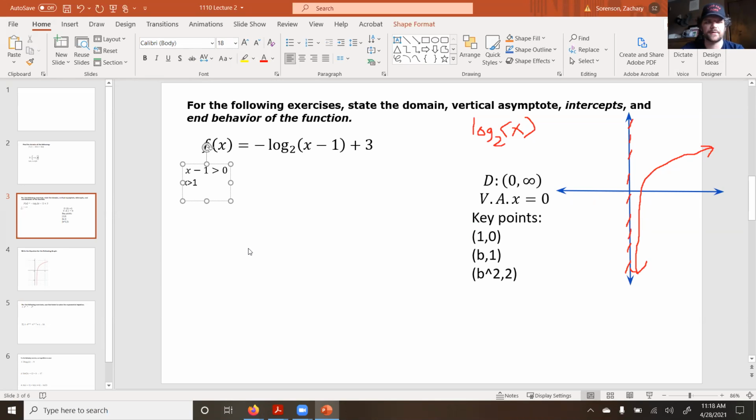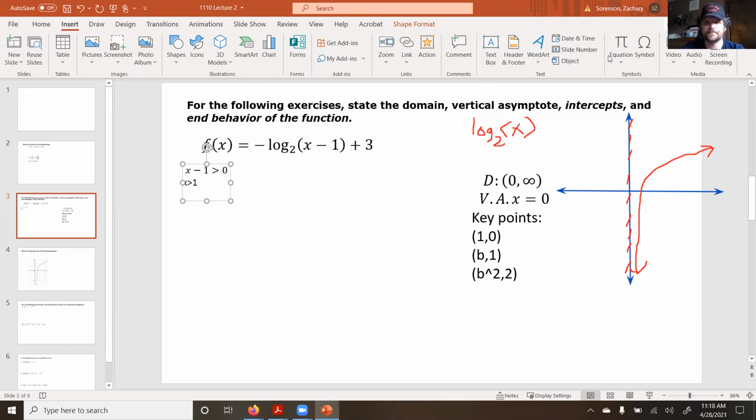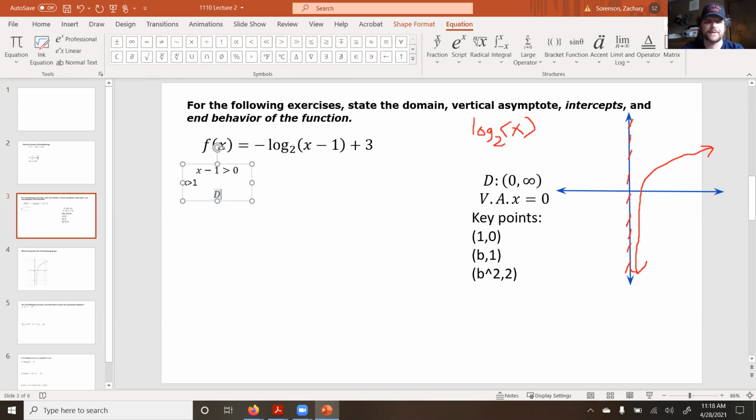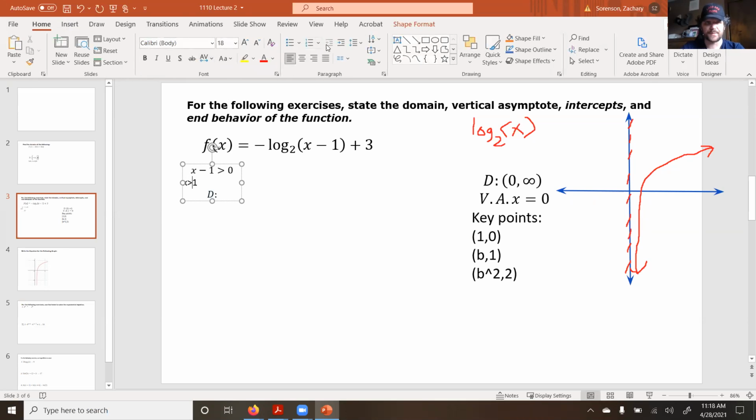So what's my domain? In interval notation, technically what I just said is my domain, but what's my domain in interval notation? 1 to infinity. Yep.